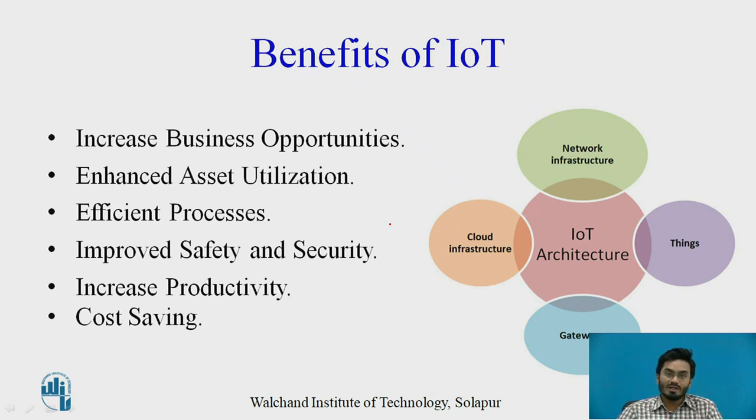All your assets, which at some time were managed by human resources, can now be automated, and because of that the assets are also enhanced in terms of utilization. And of course, you can improve safety and security by adding a few features like home automation and other things in your home security system. It is also going to increase productivity and cost saving. So that's all about the benefits of IoT.